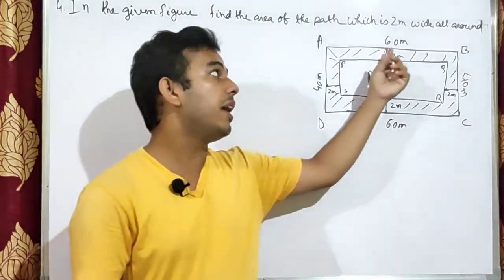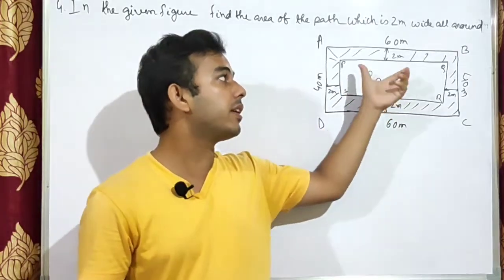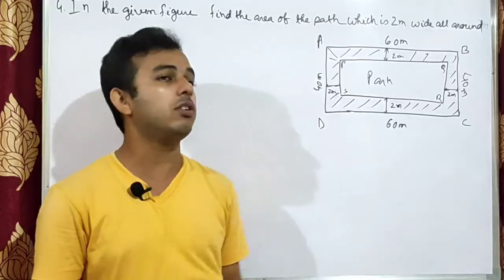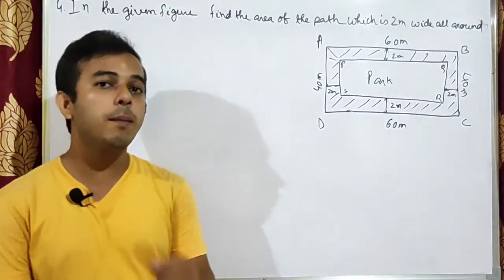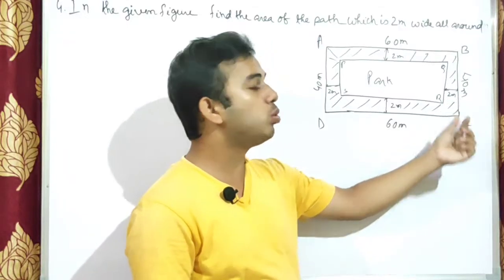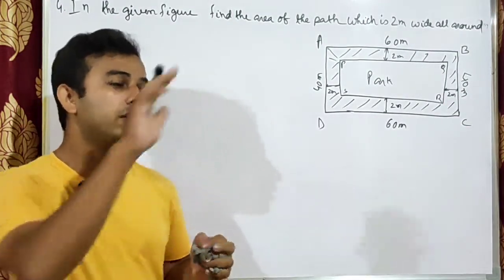So how to find out the area of rectangle ABCD? It's very easy. Here length and breadth are given. But how can you find the area of rectangle PQRS? Here nothing is given, no length, no breadth. So how to find it? We have one clue. Look, what is the clue? We have a path 2 meter wide all around. Now consider, for example, look.